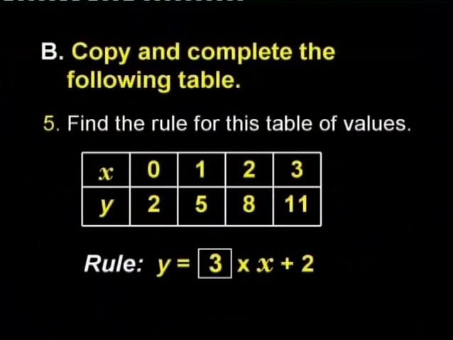Let's check. 3 times 0 is 0, plus 2 is 2. 1 times 3, plus 2, 5. 3 times 2, 6 plus 2, all right, and the last one, 3 times 3 will give you 9 plus 2, 11. So the rule is you are multiplying 3 with the x values and adding 2 to get y values.